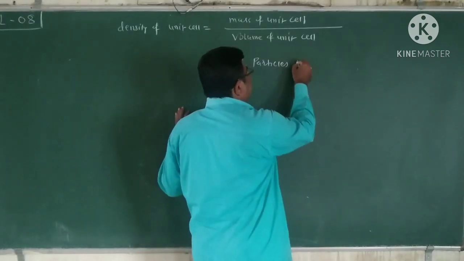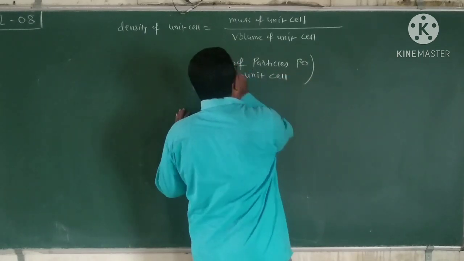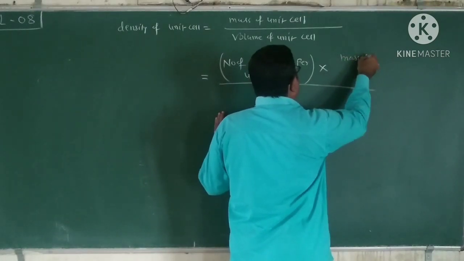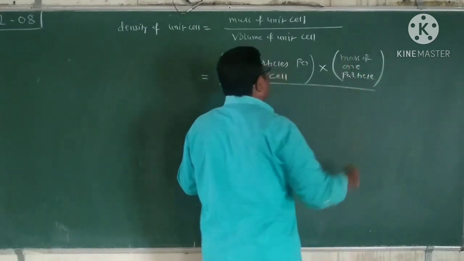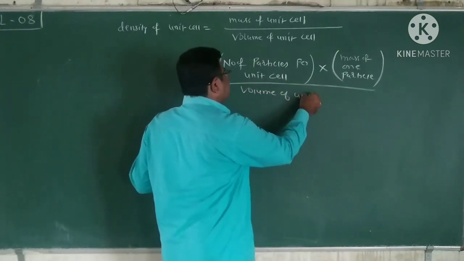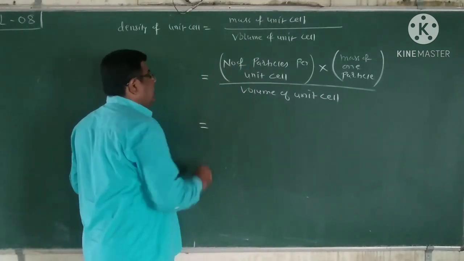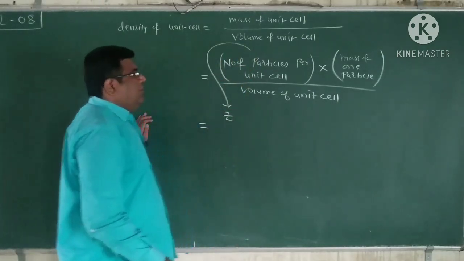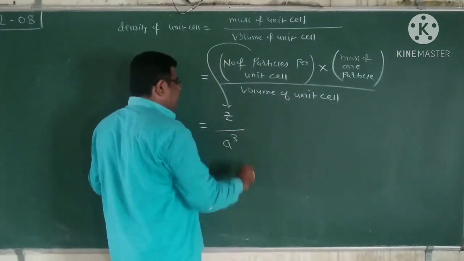Number of particles per unit cell multiplied by mass of one particle, divided by volume of unit cell. This can be denoted by letter Z. Volume of unit cell is A cube.